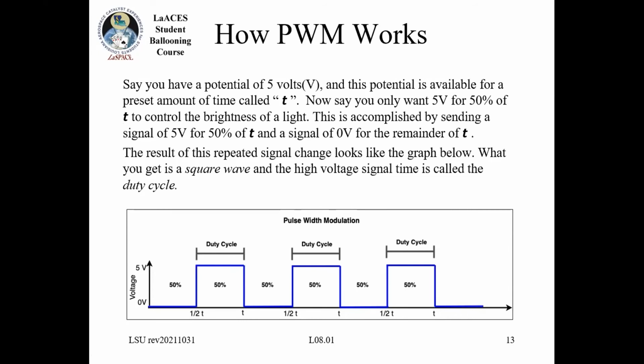But I don't necessarily need to keep it at that amount, right? If I have this thing where the period is T and I want to get a signal of about 2.5 volts, well, if I leave that on for 50% of the time, that averages out to 2.5 volts, right?